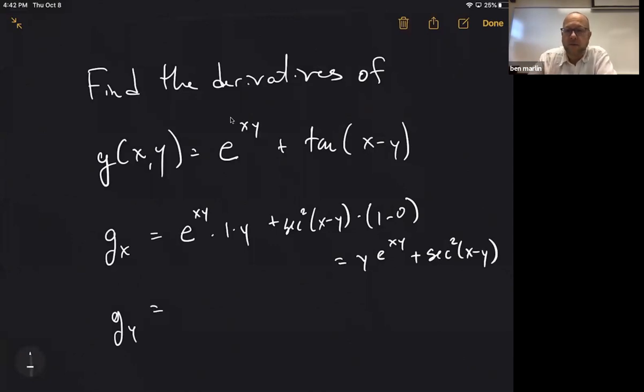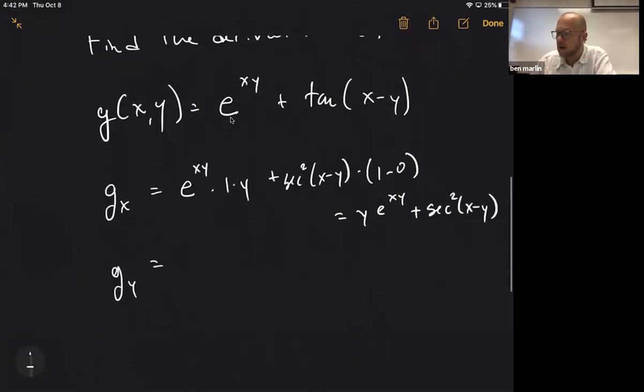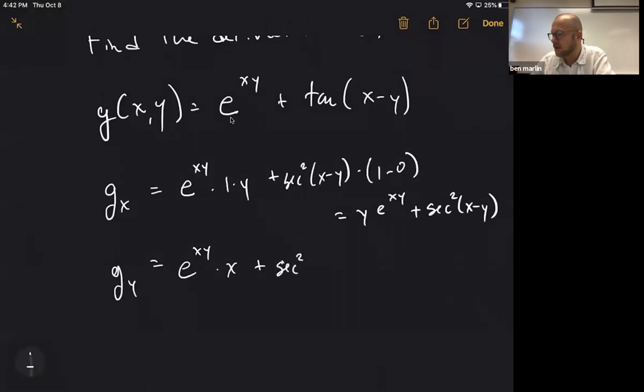Now, on the other hand, if we're doing g sub y, then we're going to come along here, and for our e to the xy, now we're taking the derivative of xy with respect to y, and we'll get x. Plus, now we're going to do tangent. Derivative of tangent is still secant squared of x minus y, but the thing we multiply by is the derivative of x minus y with respect to y this time.